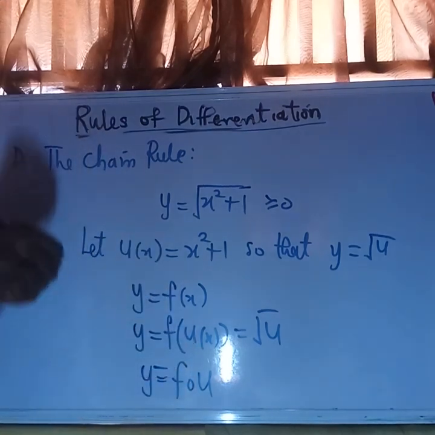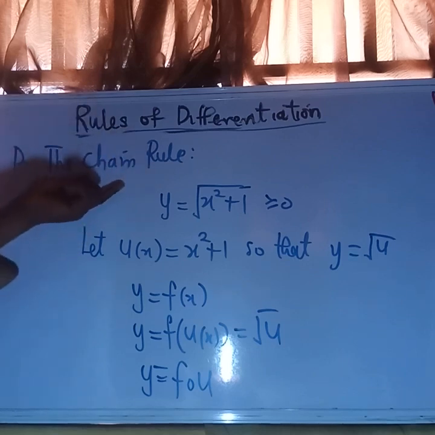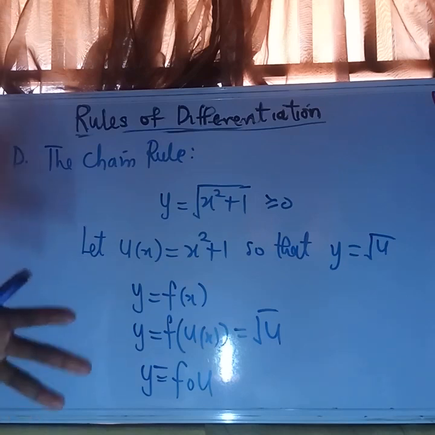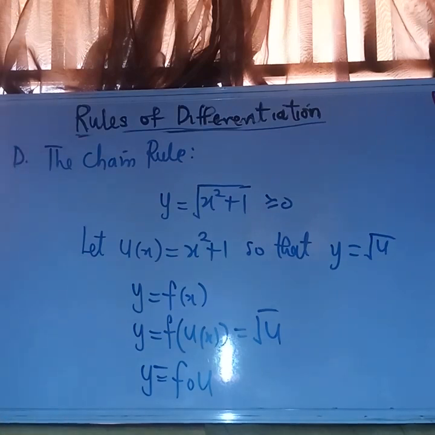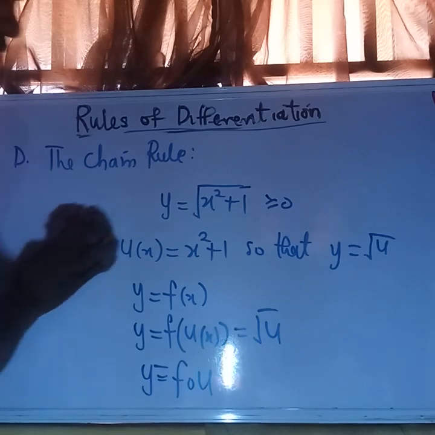The aim of this class is to show what the chain rule is and how we use the chain rule to find the derivative of a composite function. So let's define this, after which we will consider some examples where the chain rule can be applied.